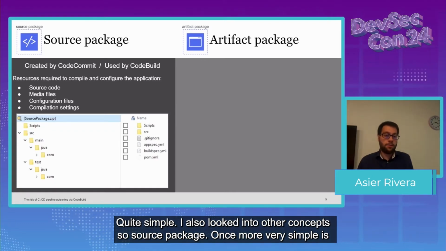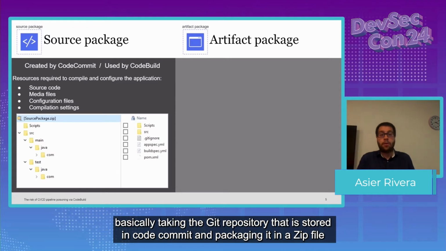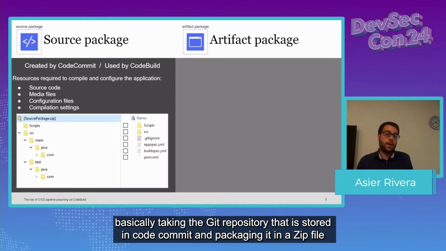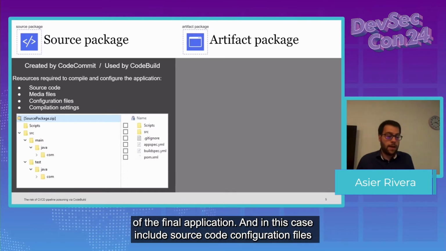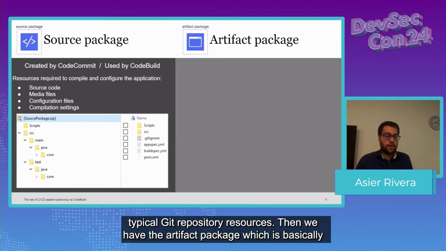I also looked into other concepts. So the source package, once more very simple, is basically taking the Git repository that is stored in CodeCommit and packaging it in a zip file, and it is used by CodeBuild as an input in order to actually do the compilation and the configuration of the final application. In this case, it includes source code, configuration files, typical Git repository resources.